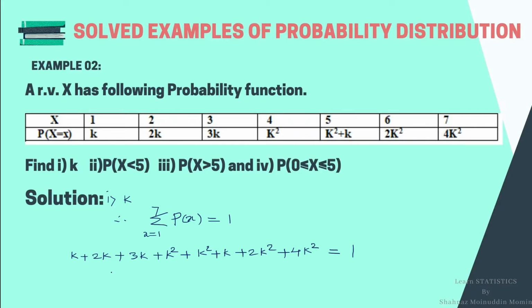Therefore it is 8k square plus 7k is equal to 1. Hence 8k square plus 7k minus 1 is equal to 0. This is a quadratic equation in k. We factorize this equation to obtain the value of k.